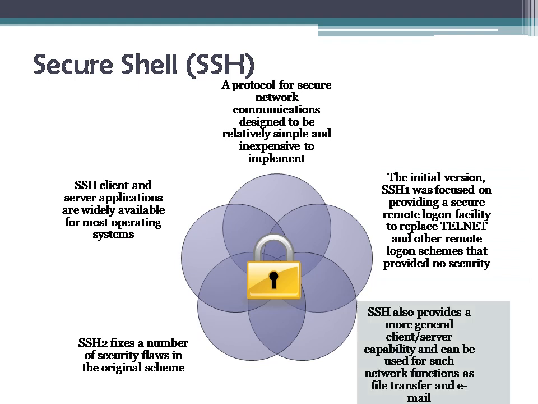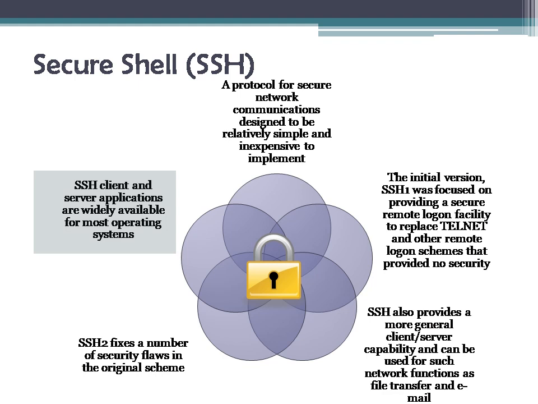SSH also provides more general client-server capability, and this can be used for such network functions as file transfer and email. Next, a new version, that is SSH2, fixes a number of security flaws in the original scheme, the original scheme being SSH1. So whatever flaws were present in SSH1, SSH2 claims to have fixed a number of them.